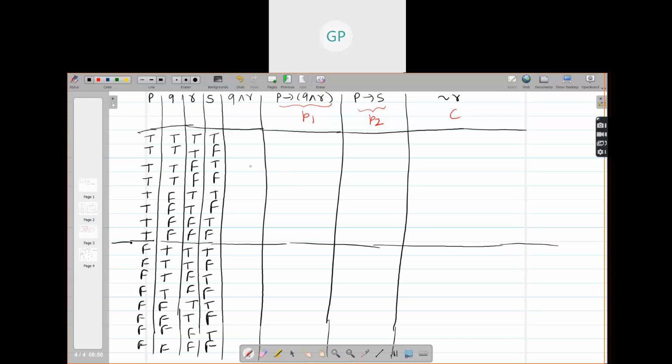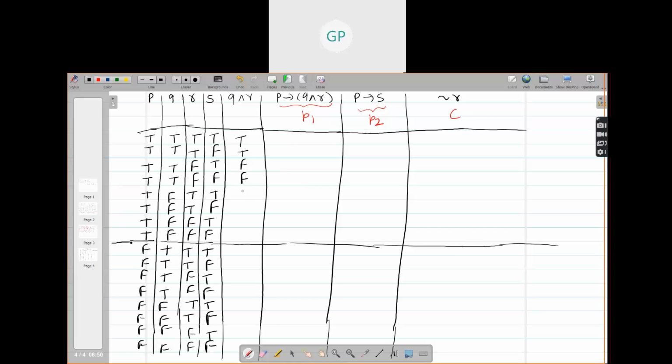What is Q and R? Can anyone tell me quickly Q and R? It is T, T, F, F. Find two rows where both are true, otherwise it is false. Girls, do you hear me?